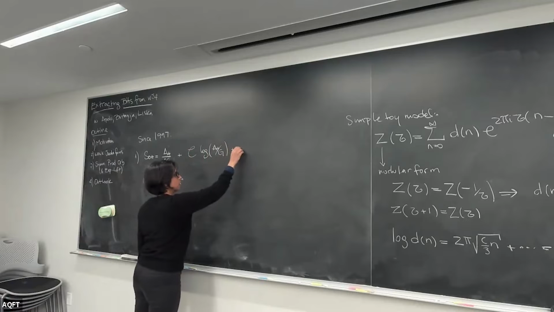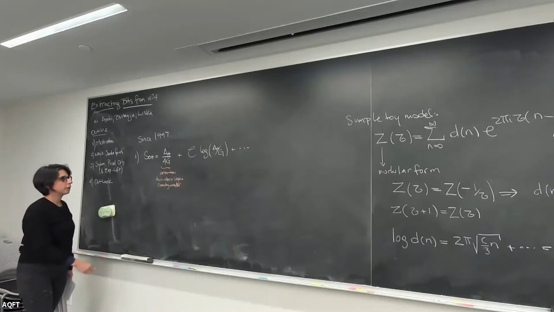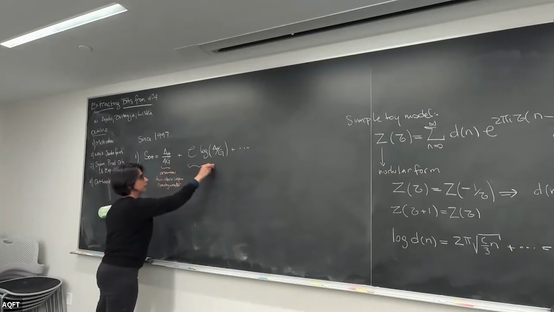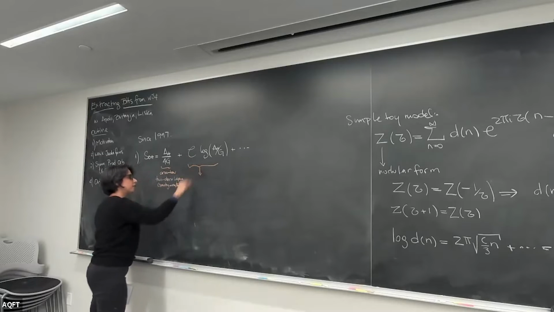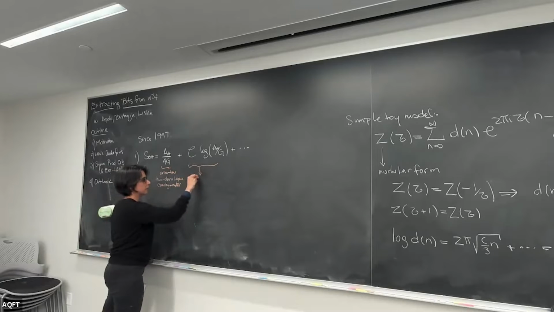And then there's going to be further corrections. And the thing that is quite beautiful about these corrections is that here there's a number or a parameter that I'm going to call C. But this is a correction that you can compute basically from the gravitational path integral.